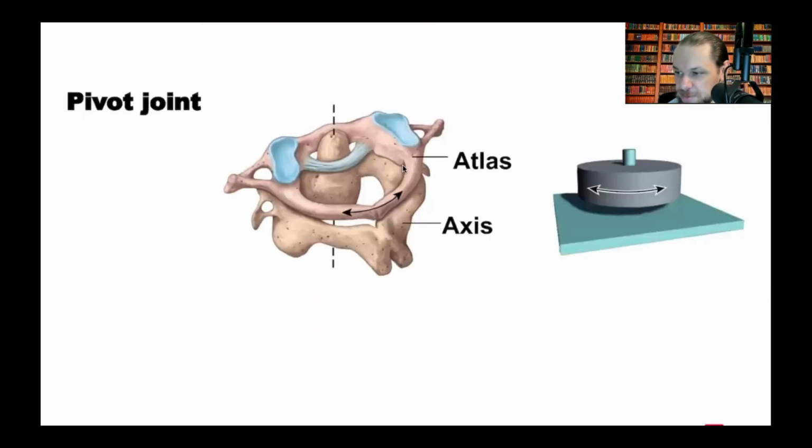We have the pivot joint. This should be a little bit familiar now. Atlas was which cervical number? You guys remember? What was Atlas? C1.